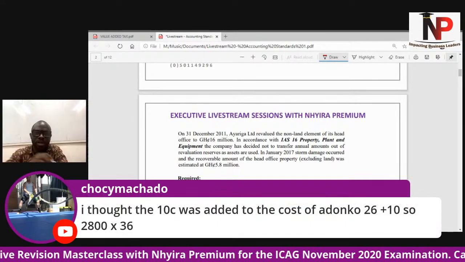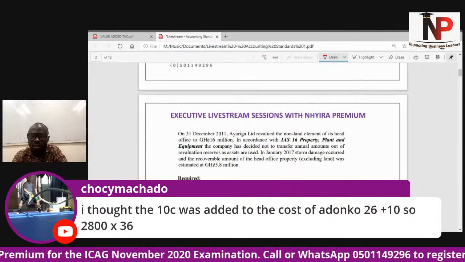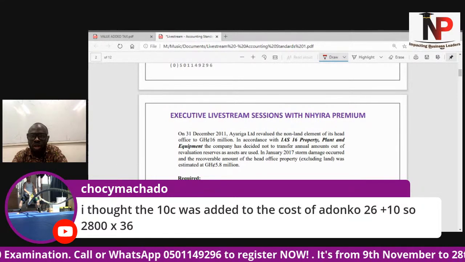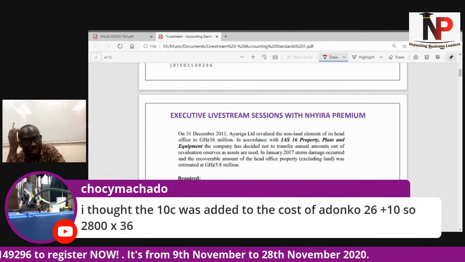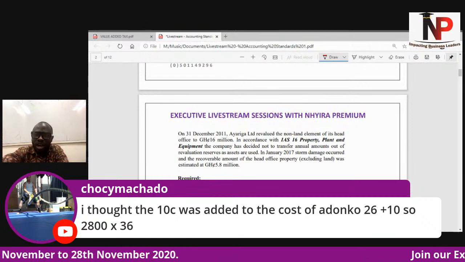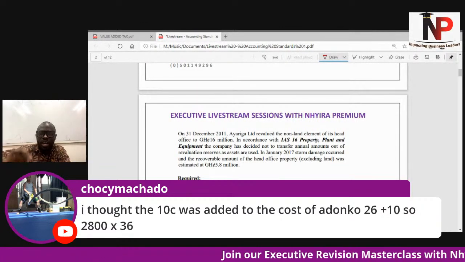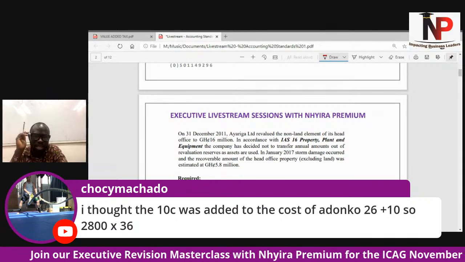I see a comment coming in from Josie Chamada. She said, I thought the 10 cents was added to the cost of Adonko, 26 plus this. It's not 10 cents, it's 10 Ghana cedis. So that is a cost to completion. That will be factored when determining the net realizable value, and not when determining the cost.